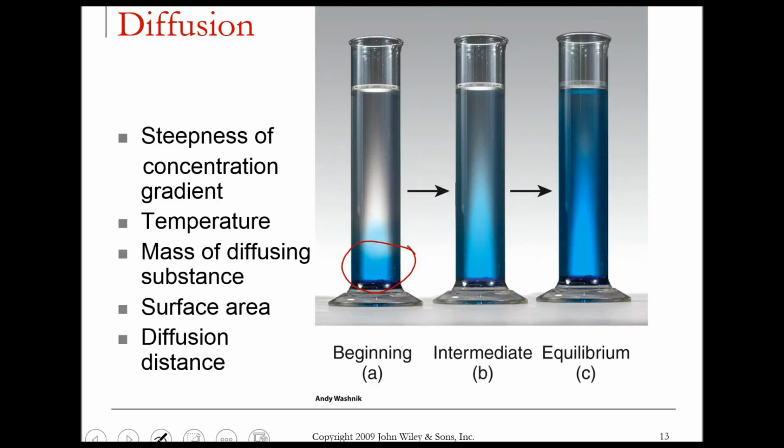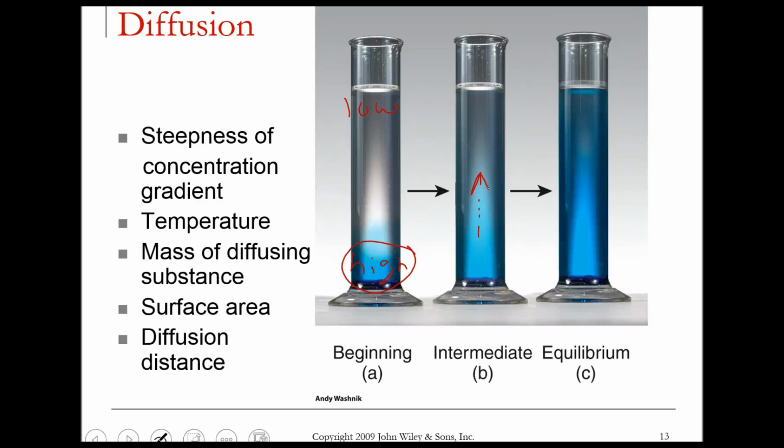So we have a high concentration at the bottom and a low concentration at the top. Soon, the dye particle will start moving generally down that concentration gradient until it is evenly distributed throughout the graduated cylinder.